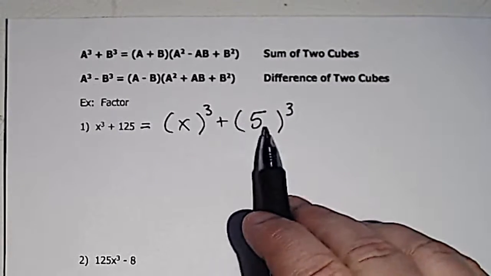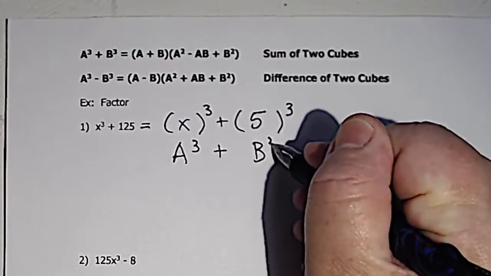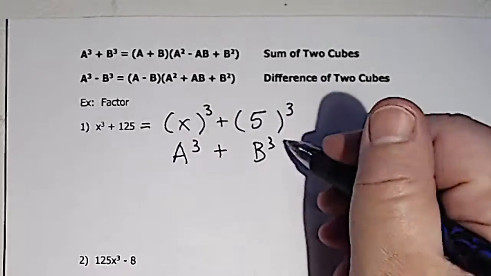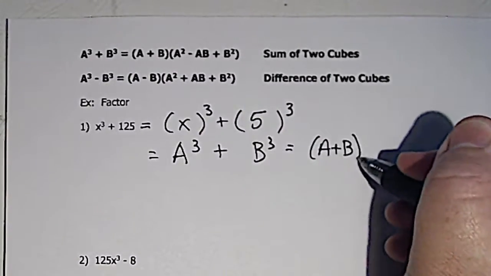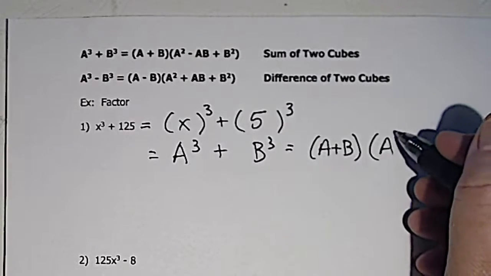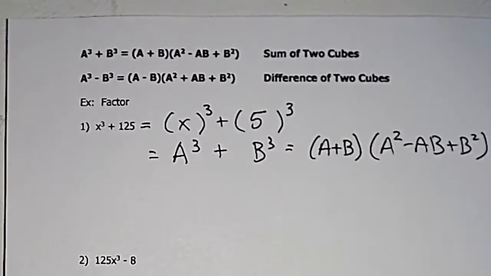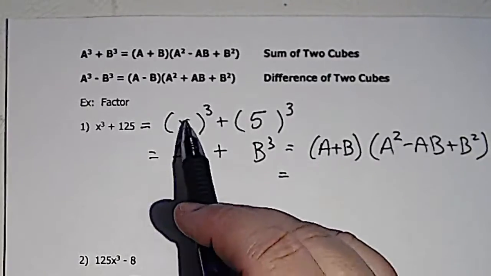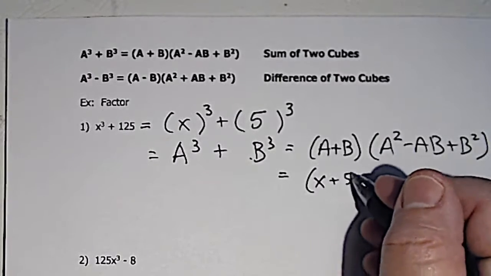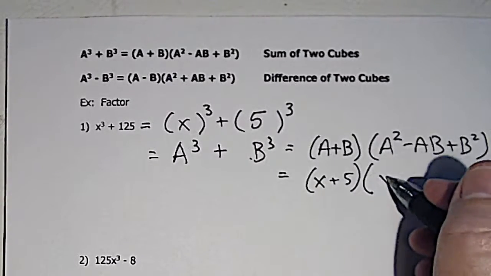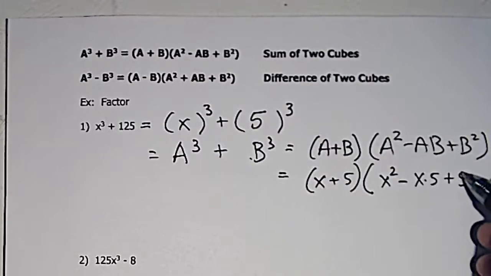So we split it up like this, and we say, okay, if we've got a cubed plus b cubed, that puts us at the top one. That means that our format is an a plus b factor, and then a longer a squared minus ab plus b squared. Okay, so a is x, so I got x, b is 5, plus 5, and then x squared minus x times 5 plus 5 squared.